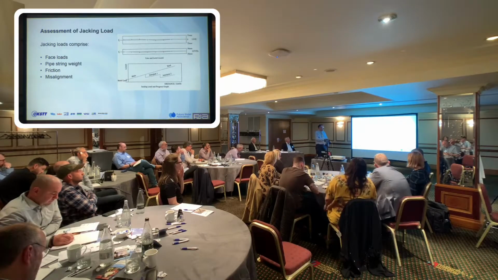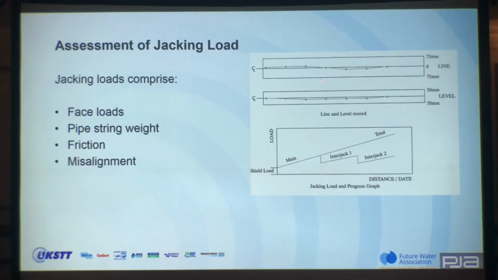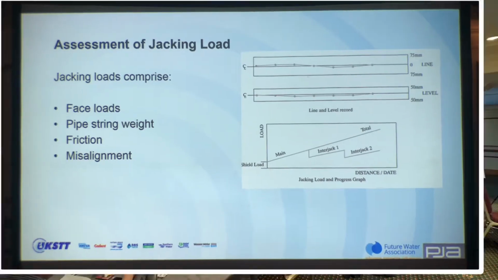I think that's 35 and 50 now. But you can see as you start off, the pipe string may deviate, and as we've said, if it deviates, then you'll start to load the pipes off square, eccentric loading, and that will reduce the amount of load that you can put through each pipe, and the cumulative effect is your overall jacking load will start to increase.